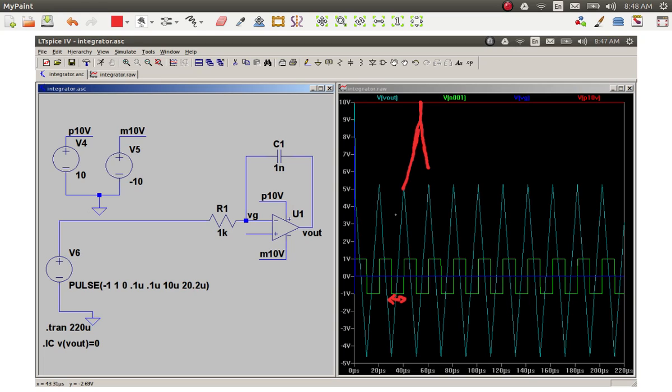What if I didn't want that? What if I wanted around ±5 volts all the time? What would I need to do in terms of changing the value of either R or C? Then how would I do that in the real world? So these are things to think about.